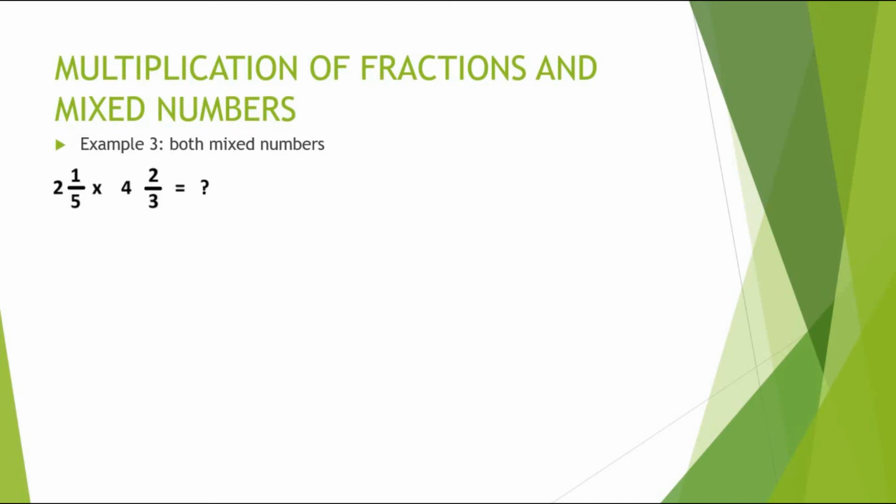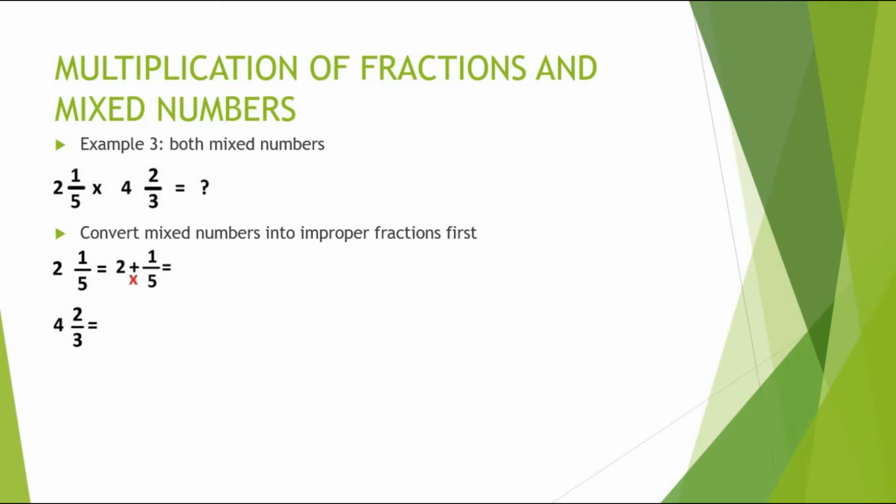Paano naman siya? Both mixed numbers, 2 and 1/5 times 4 and 2/3. Okay? So, again, we convert mixed numbers into improper fraction first. So, mauna is 2 and 1/5. Ang pangalawa is 4 and 2/3. So again, we multiply 5 and 2 directly, which will be equal to 10, and then plus 1 all over 5.